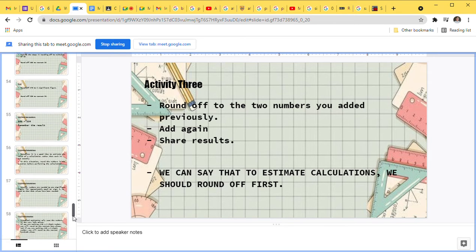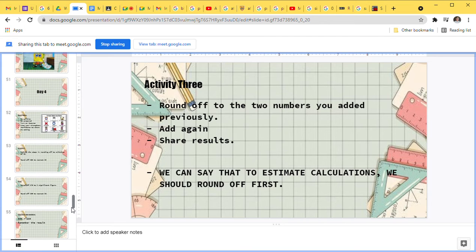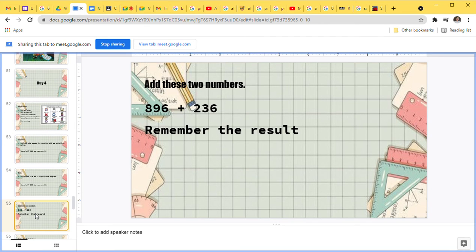The numbers were, let me find them. These numbers. So now you will estimate the calculation for those numbers.